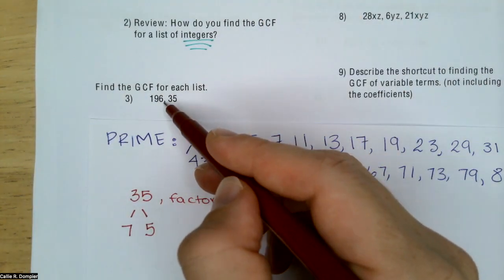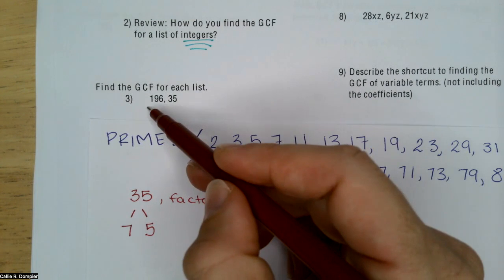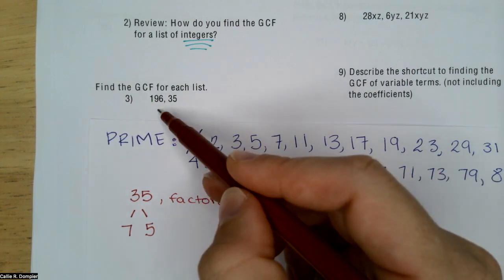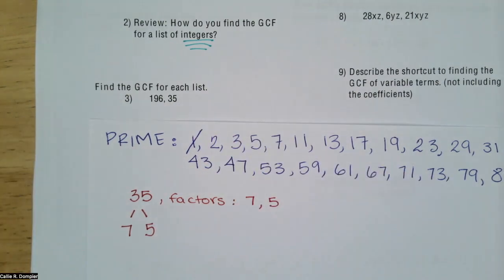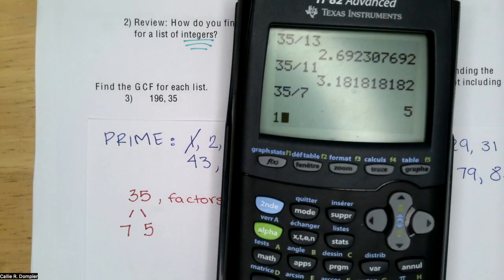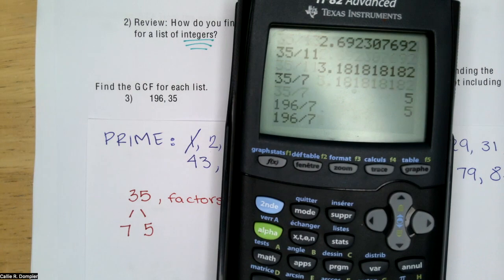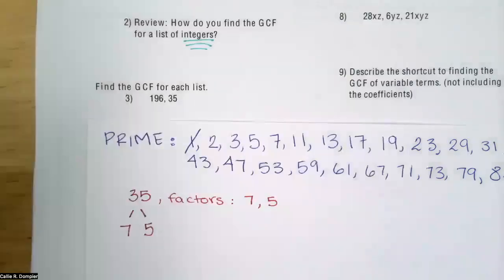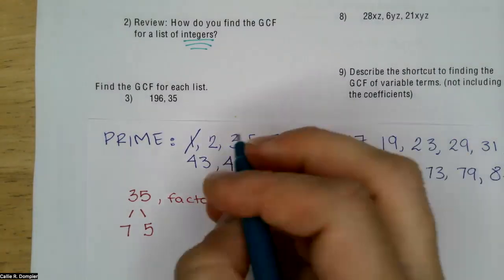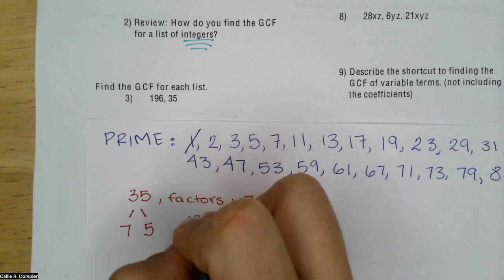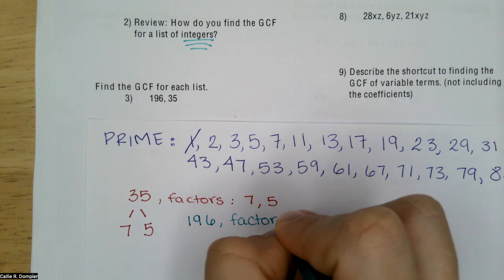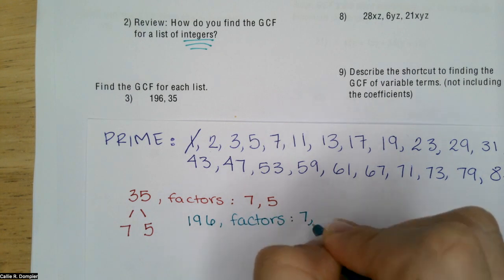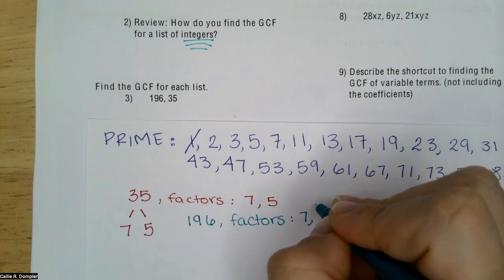Now I would take 196 divided by 7, and 196 divided by 5. I don't think it's going to be divisible by 5, because if it was divisible by 5, it would end with either a 5 or a 0. So take 196 divided by 7. You get 28. So for 196, the factors are 7 and 28.